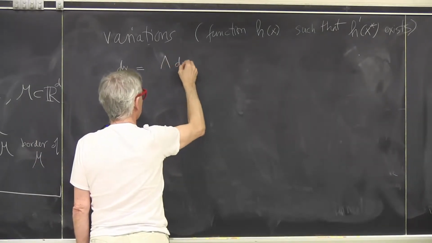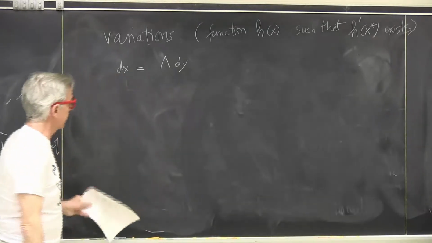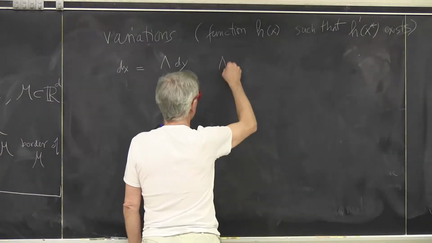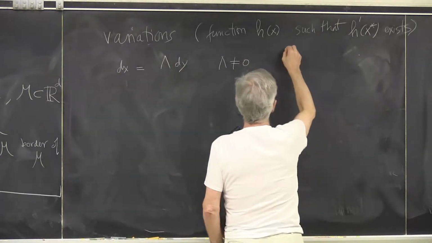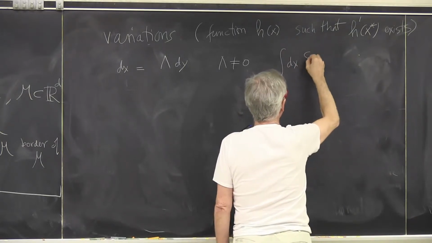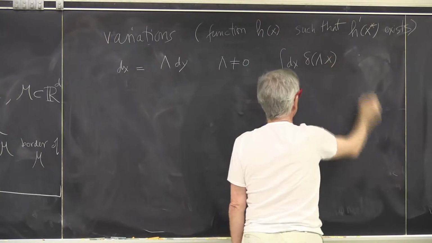So the simplest version is, suppose you change your coordinates in such a way that you multiply, just in one dimension, by some number lambda. If this is done on reals, that's just a real number, but a non-zero number. That's crucial. In that case, you can study the derivative now of a function of x, but a simple linear function.